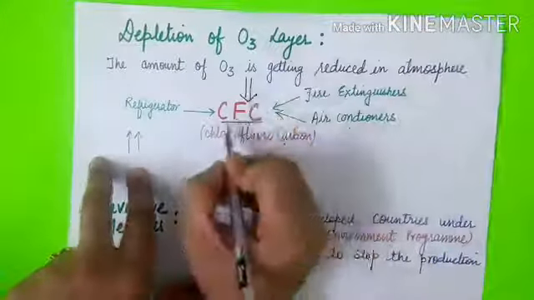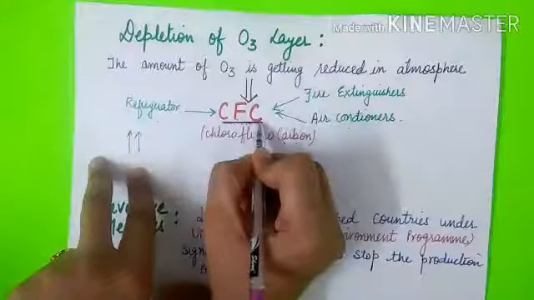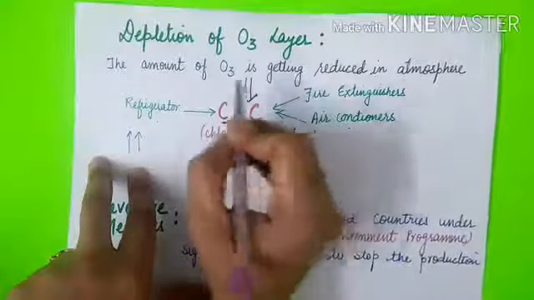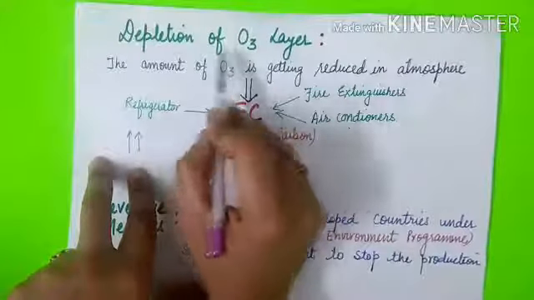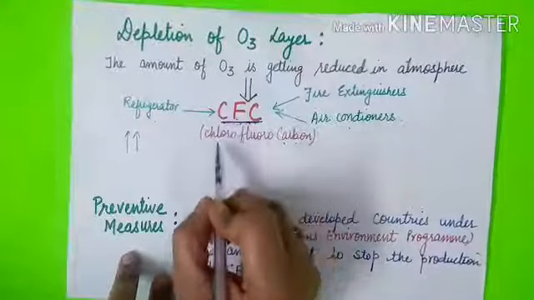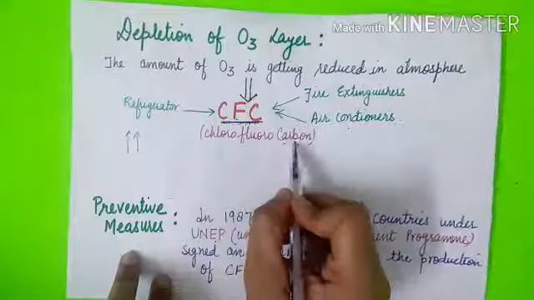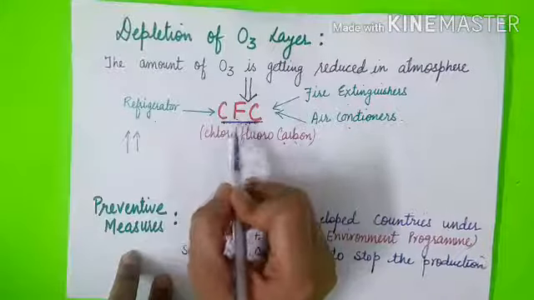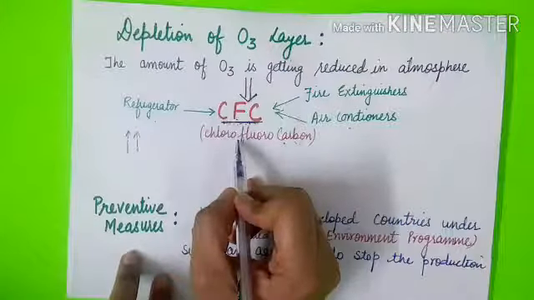The answer is CFC compounds. CFC is responsible for ozone layer depletion. The full form of CFC is chlorofluorocarbon, and this full form is very important from the exam point of view.